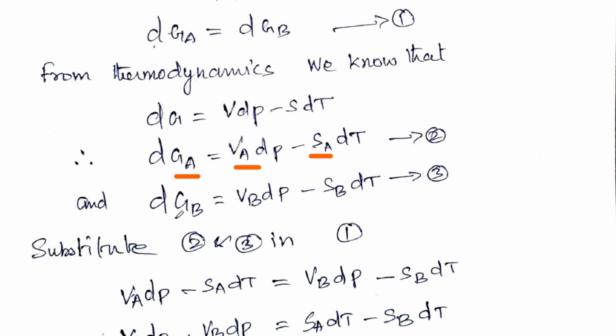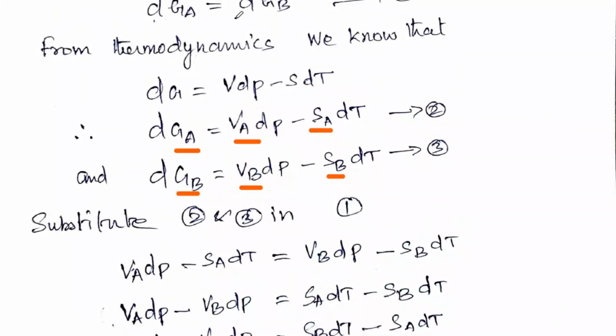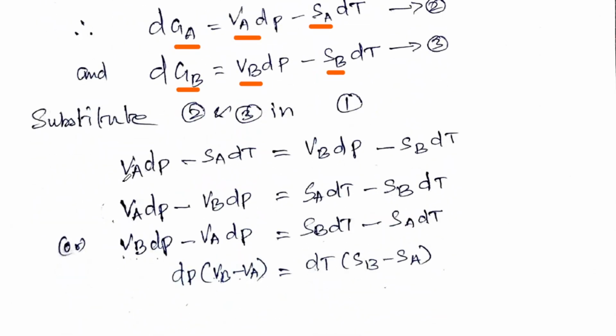And similarly, dGb, the change in Gibbs free energy, is equal to Vb dP minus Sb dT. Substitute these values in equation number 1. I get Va dP minus Sa dT, that is equal to Vb dP minus Sb dT.